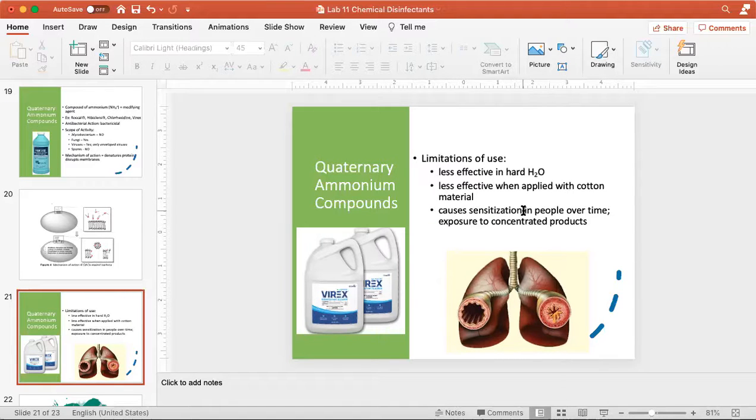So these people develop almost like an asthma after they've been exposed to these chemicals over time. It doesn't happen to everybody. There are people who've been working as janitorial staff, and every day they mix up the Virex and they mop the floors and nothing ever happens to them.